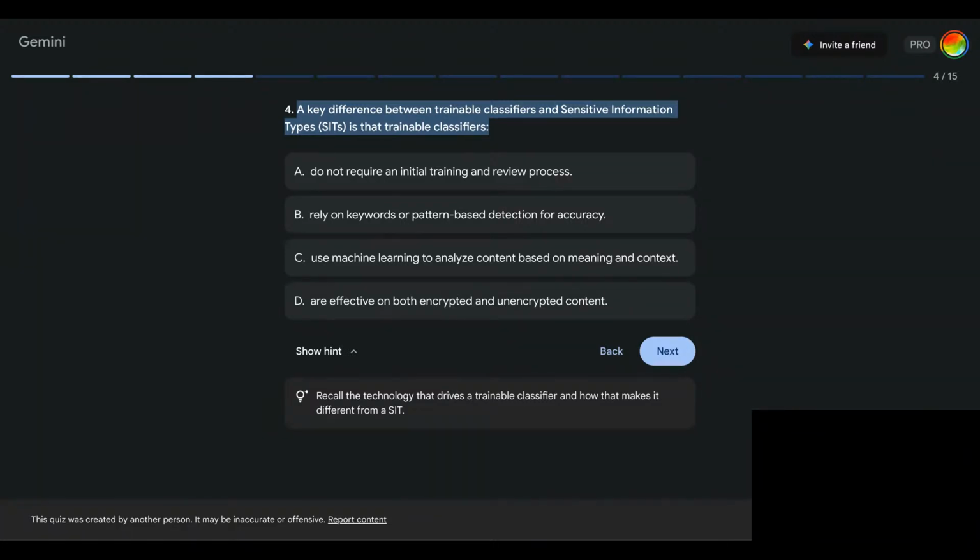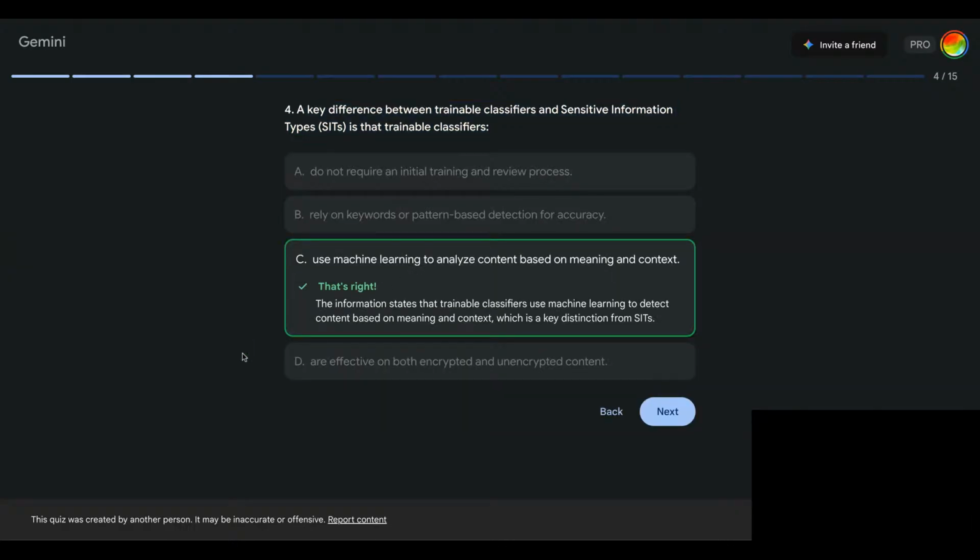If I say AI, then what would be the answer? Answer is C, no? Machine learning. Yes. AI, machine learning.